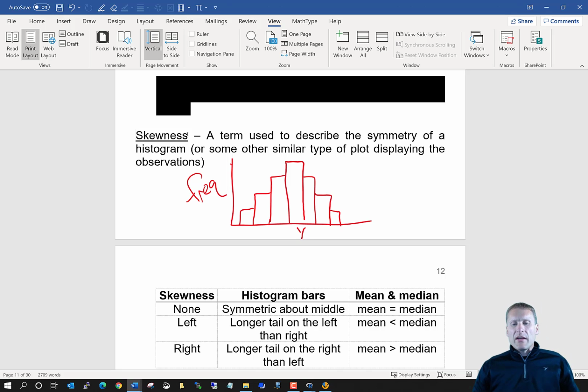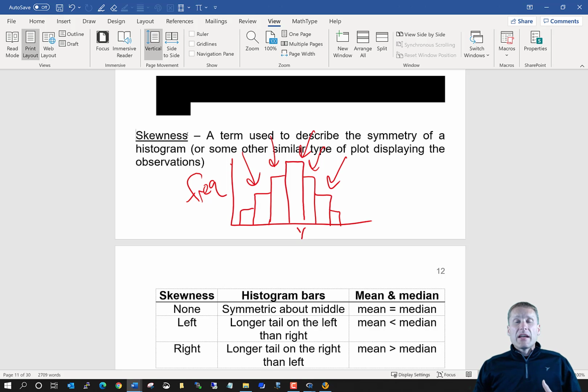And so what we see here is, well, at least the purpose was, we have one bar that's kind of high, and then we have two bars at exactly the same height that surround it. Then we have two more bars that are exactly the same height that surround those, and so on. And so in this particular case, we have a symmetric histogram.